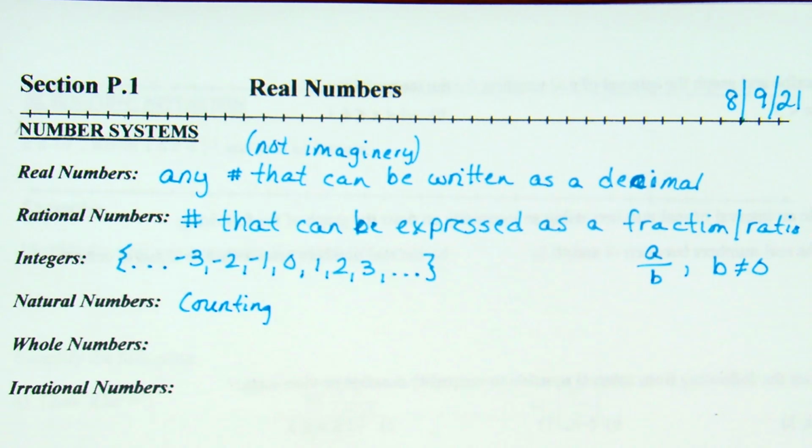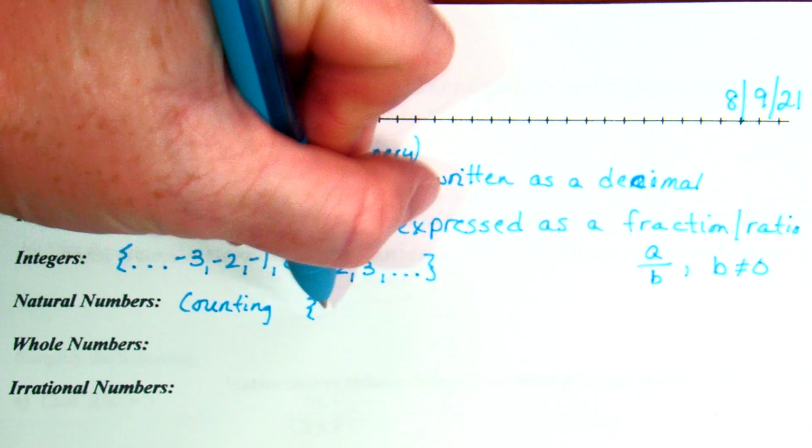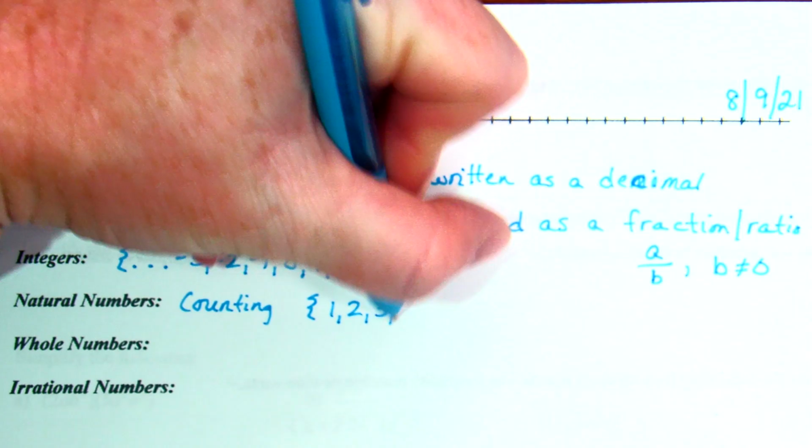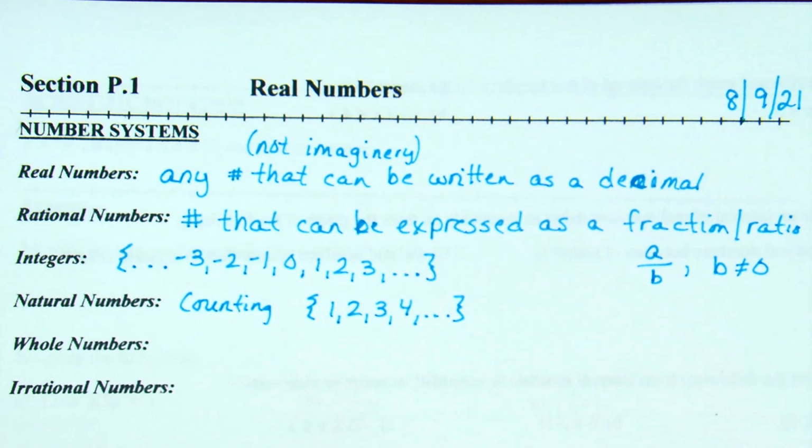Preschool, kindergarten, you might call them the counting numbers. How do you count? Starting with 1, yes? If you're a kindergartner, you start counting at 1. So counting numbers or natural numbers start at 1. No 0, no negatives, just 1, 2, 3, 4, so on and so forth. Those are your natural numbers, also called the counting numbers.